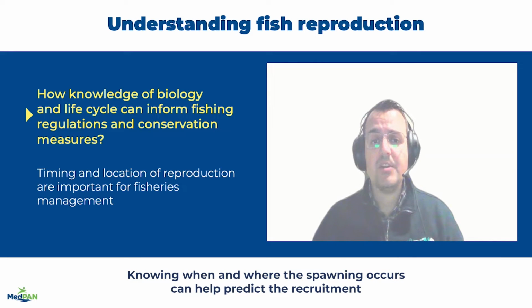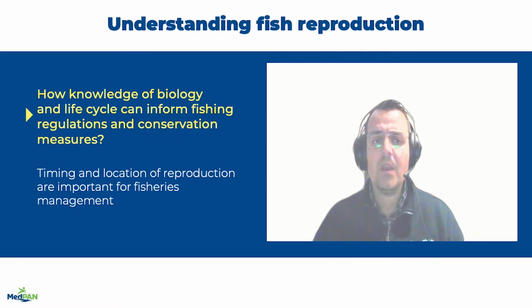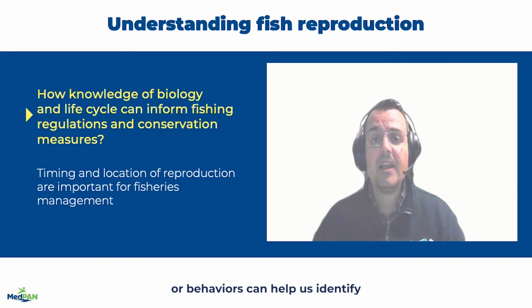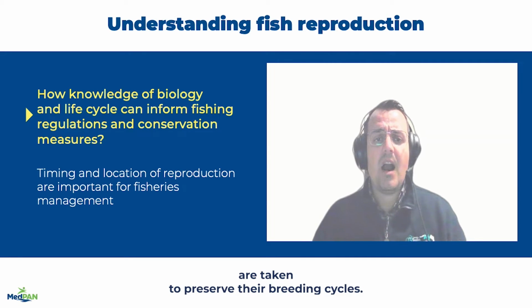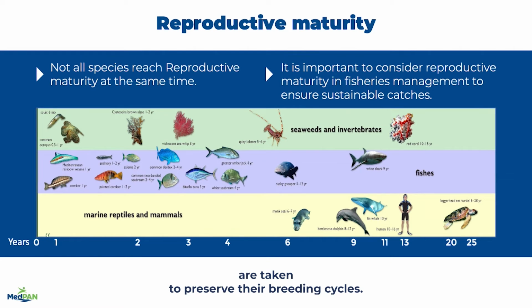Knowing when and where the spawning occurs can help predict the recruitment of new generations of fish and sustain the population in the MPA. Knowing which species rely on specific reproductive habitats or behaviors can help us identify critical areas that need protection and ensure the appropriate measures are taken to preserve their breeding cycles.